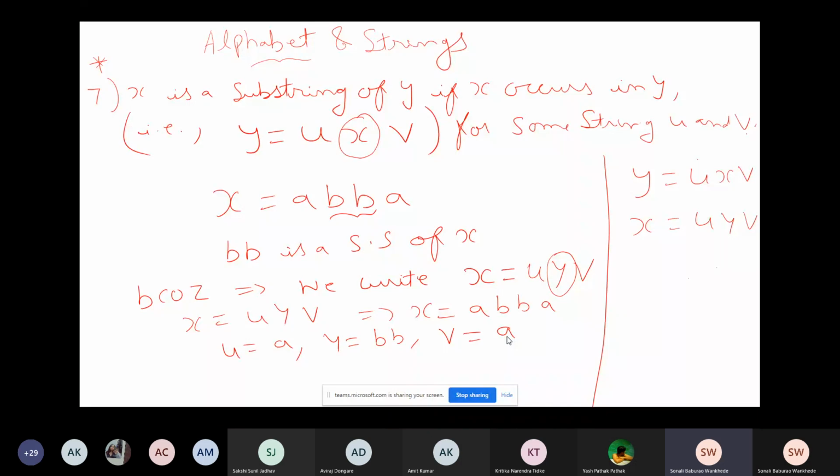And the questions here will be in such a way that, a question like this. The question will be like, if x is equal to abba, find the substring of the string x.